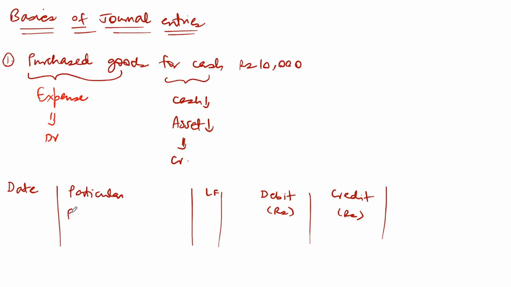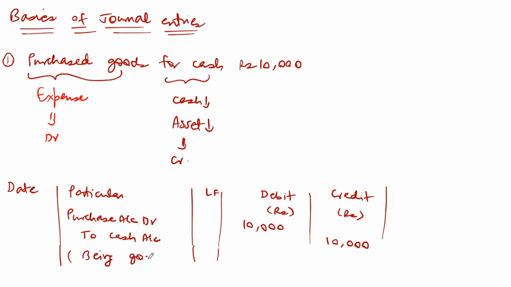We will debit purchase account, debit to cash account, and the amount will be 10,000. And what do we do next? We will write the narration within the bracket. It will always start with being goods purchased for cash. This is the journal entry in the case of the problem given.